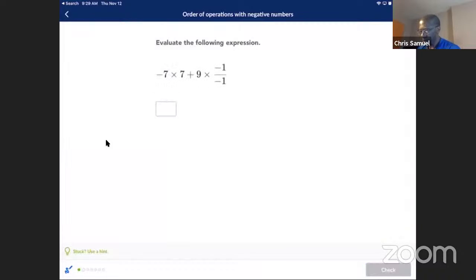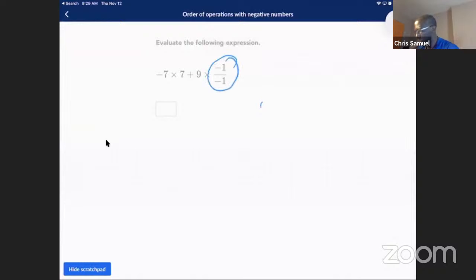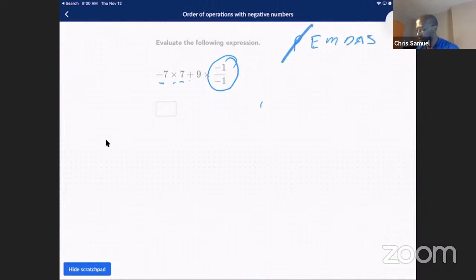Next one we have is -1 over -1, and then we have -7 times 7 plus 9. We will start off with PEMDAS again, and we will put that over here.